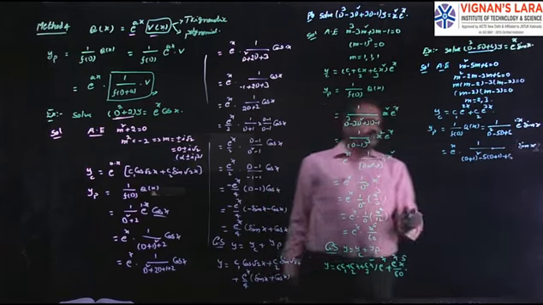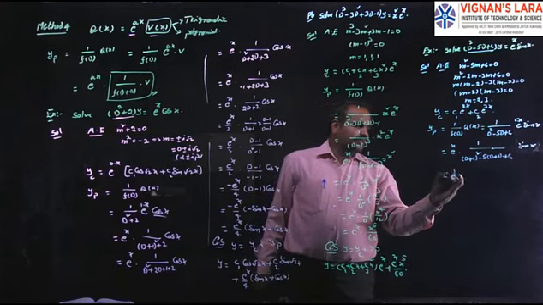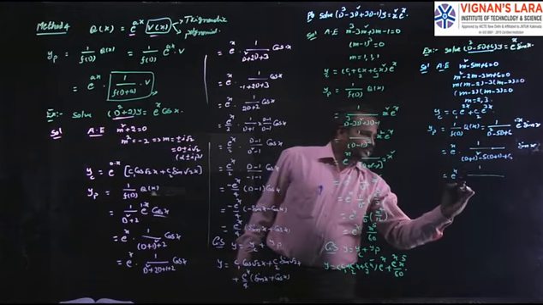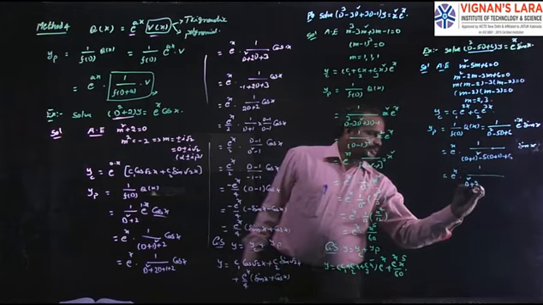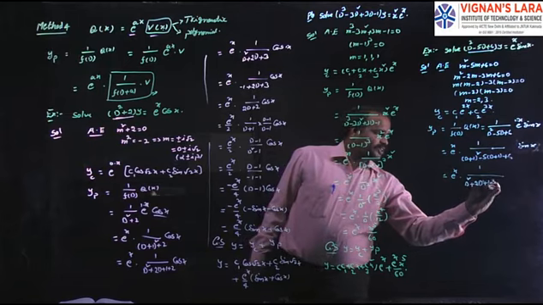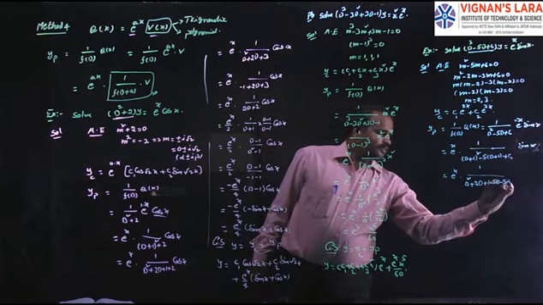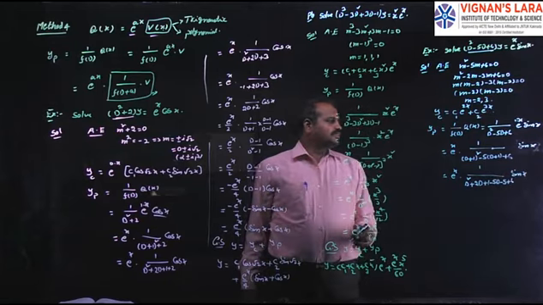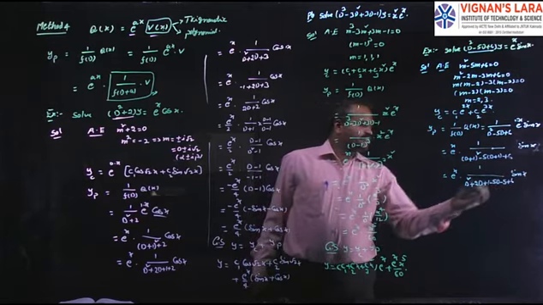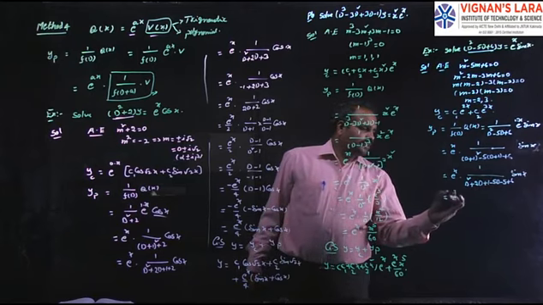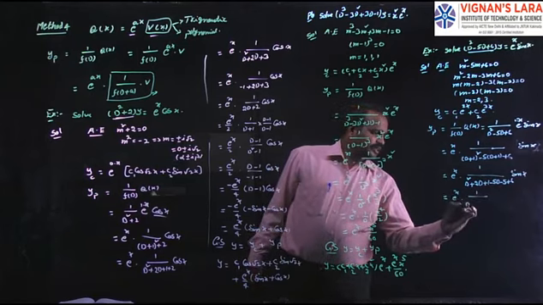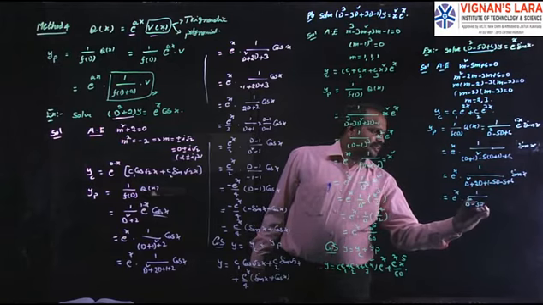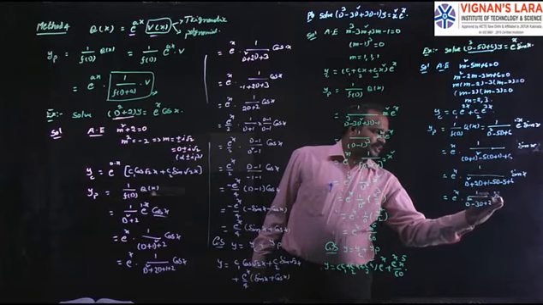This is equal to e power x into 1 by, now simplifying, (a plus b) whole square, D square plus 2D plus 1 minus 5D minus 5 plus 6, into sin x. 6 plus 1 is 7, 7 minus 5 is 2, so e power x into 1 by (D square minus 3D plus 2) into sin x.